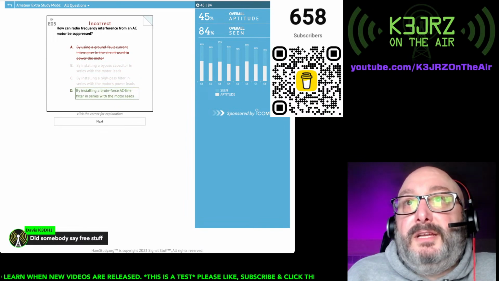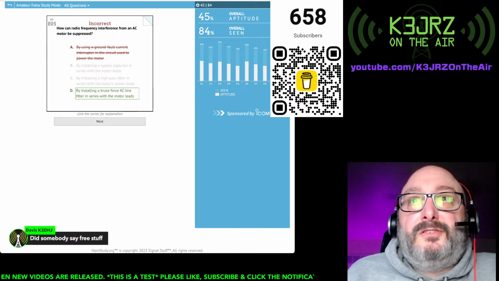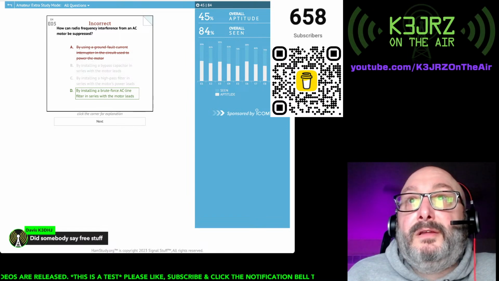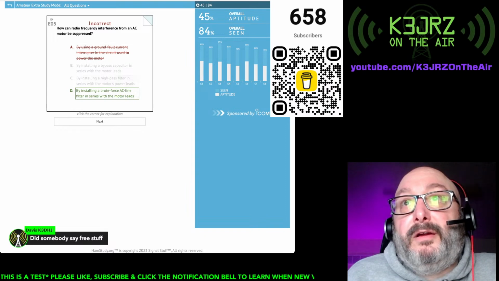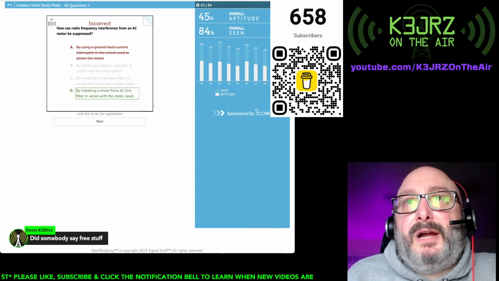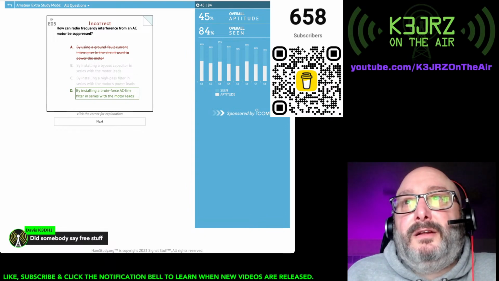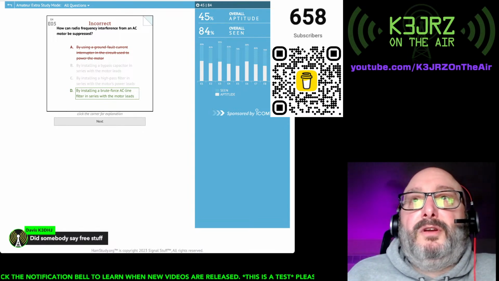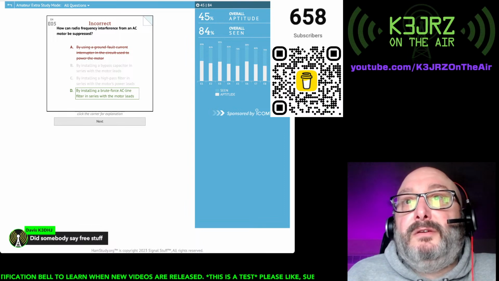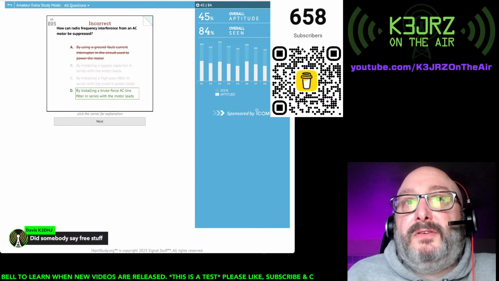Brute force AC line filter. There's another question about how you connect a radio in a car. You connect it directly to the battery. I've helped install stereo radios into cars, but never on my own.